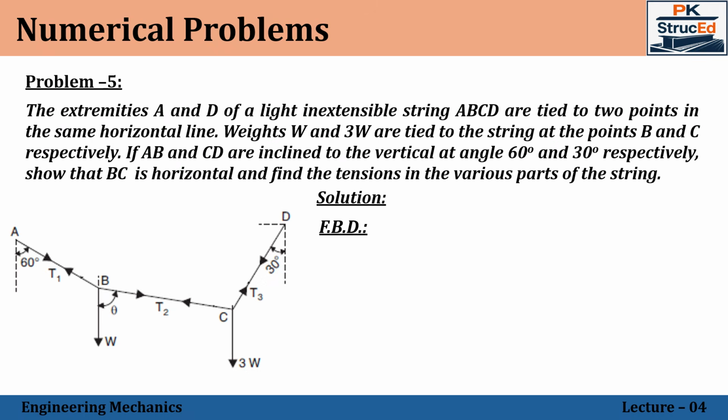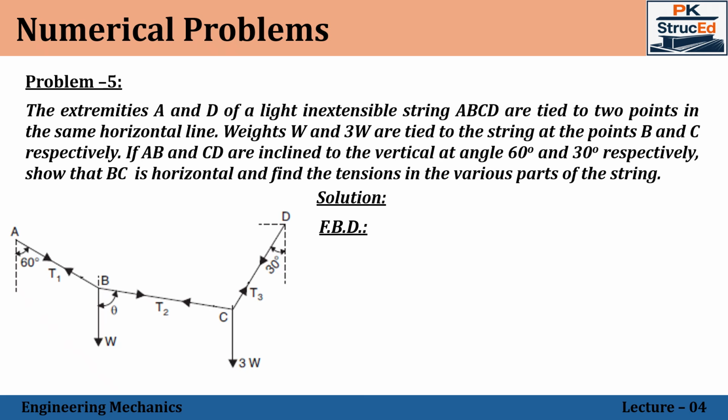Now let us draw the free body diagram. If no other objects are available, the joints can be treated as free bodies. So in this case we have 4 free bodies available: point A, point B, point C and point D. At point A we have a support connected to the roof, which means a support reaction will be coming, which is unknown.